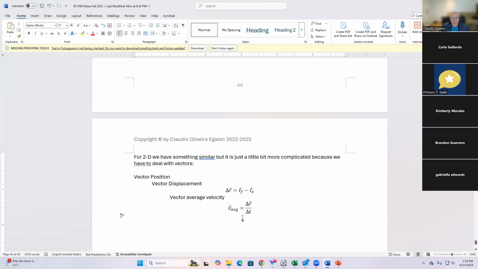And notice that because we have a scalar quantity right in here, we can say that the average velocity vector is parallel to the displacement vector.